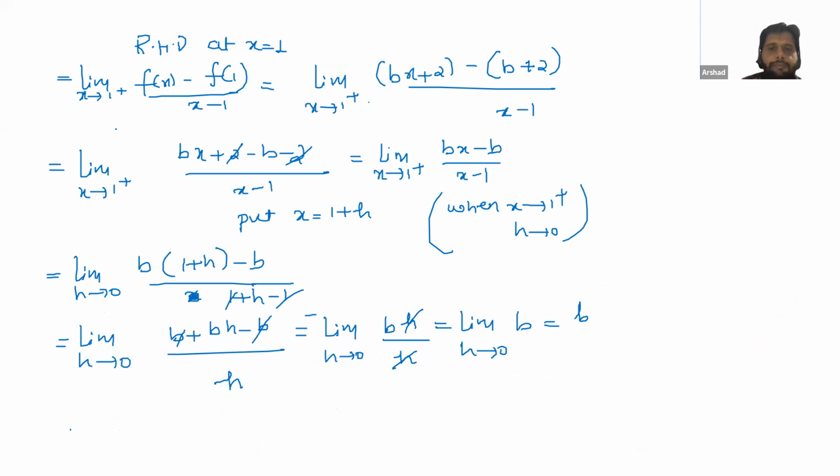No one? Well, they're saying it is differentiable. So equate LHD and RHD. Can anyone tell me what is the value of b now? Abdur, is it clear? Yes, sir. So what value of b will you get?